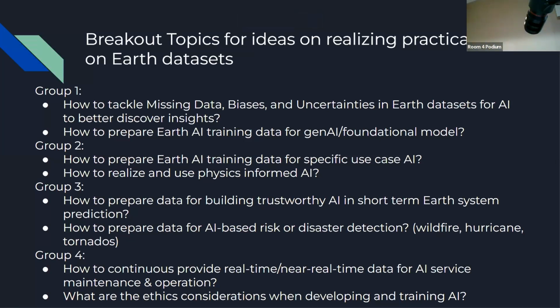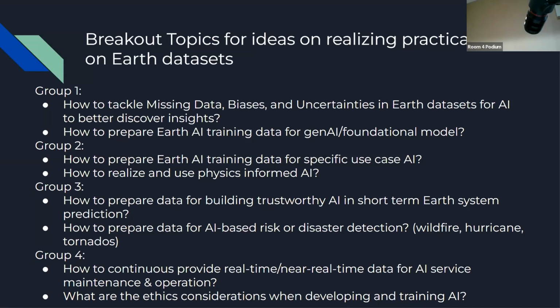Let me start with the first one. We want to have 4 breakout groups. We split into 3 groups here, and the online one will be group 4. For each group, you can pick one question out of those two. If you're interested in how to tackle missing data biases, you can discuss that.